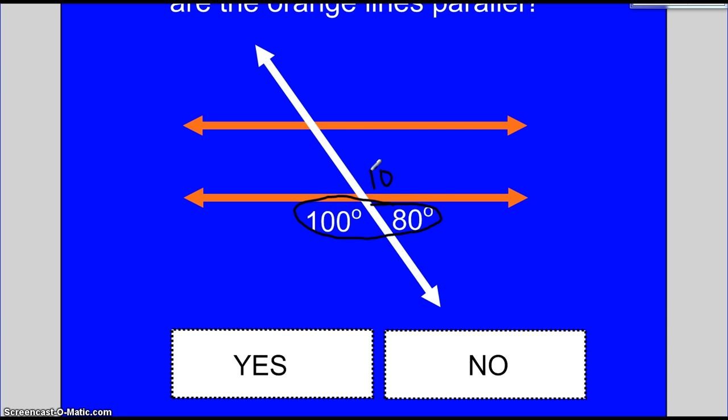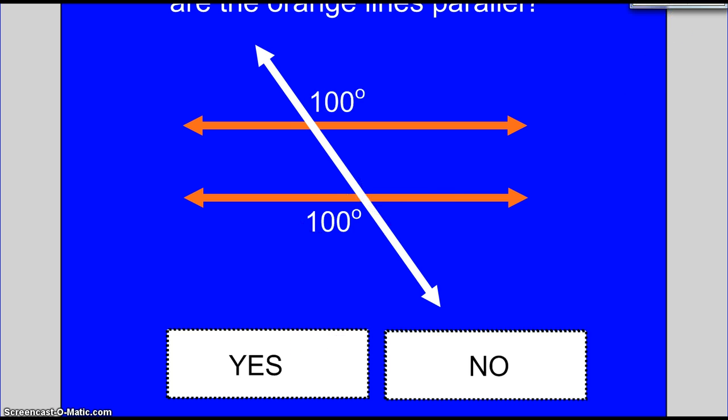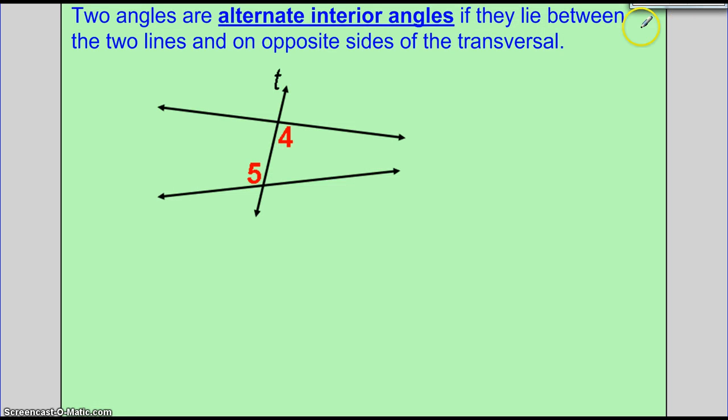If I wanted to do these vertical angles, these are supplementary. So yes, these are parallel. 100 is my vertical angle, and 100 is my corresponding angle. So these are parallel.